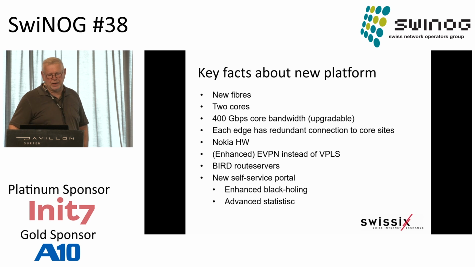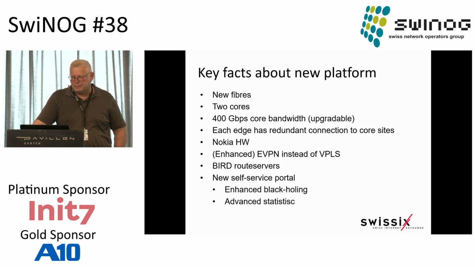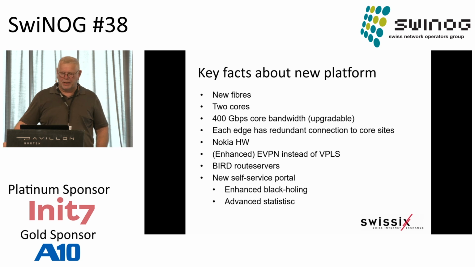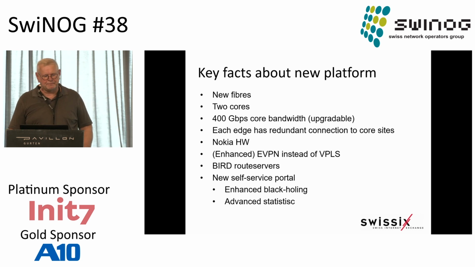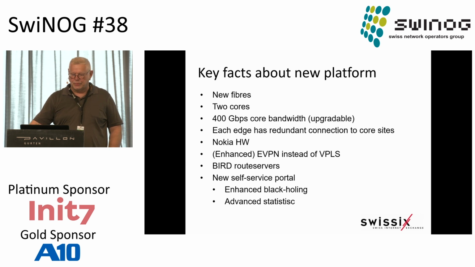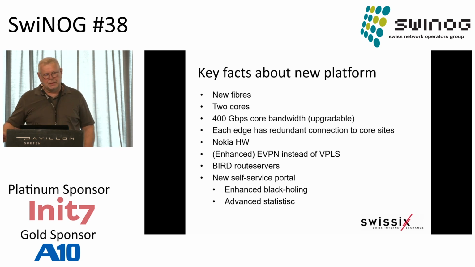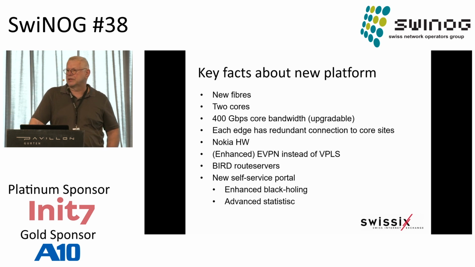The new hardware is Nokia, and the VPLS was migrated to an enhanced EVPN, and we now have BIRD route servers. It's planned, as soon as the operator is also able to, to replace one of the BIRD route servers with OpenBGPD. There is a new self-service portal, which gives the ability of enhanced blackholing.